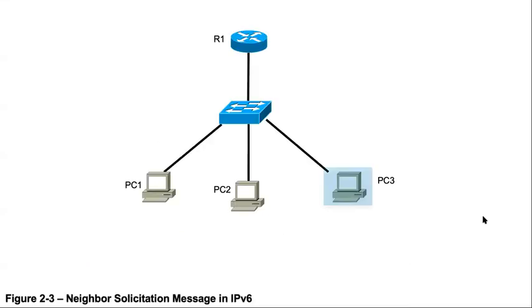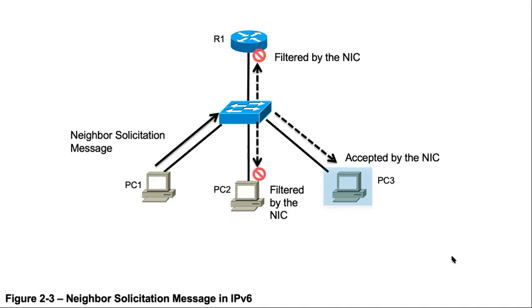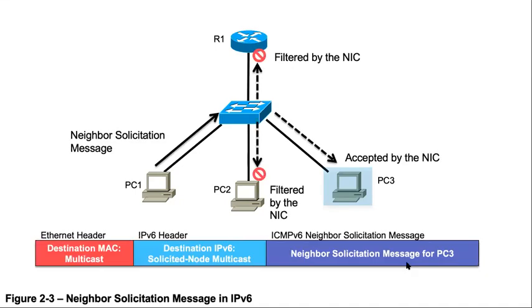In IPv6, what happens is we have this neighbor solicitation message. Similar to ARP, but it actually uses a solicited node multicast address and gets mapped to an Ethernet MAC address. I'll show you this in more detail later in this video. But what happens is the NIC card can look at this and go, is this for me?